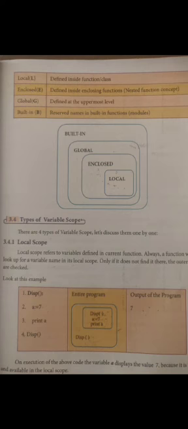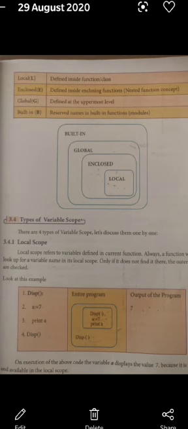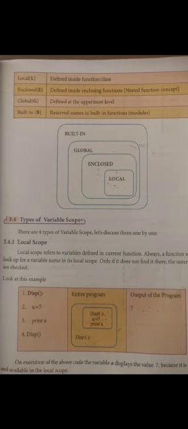So, in this example, a display function is there. Inside it, a colon equal to 7, that is, the variable a is assigned the value 7. Print a. Then display is called once more. So the entire program calls display, a is assigned 7, print a, and that gives the output.